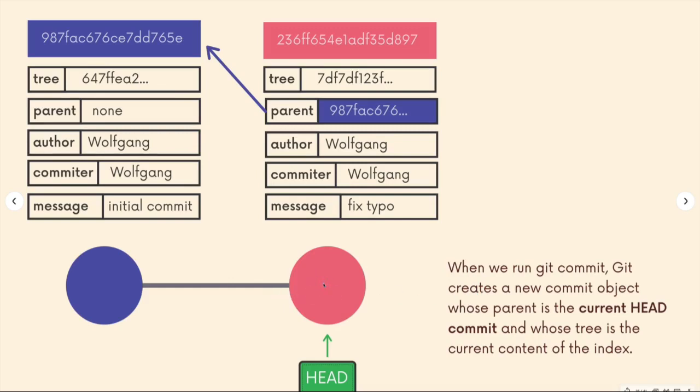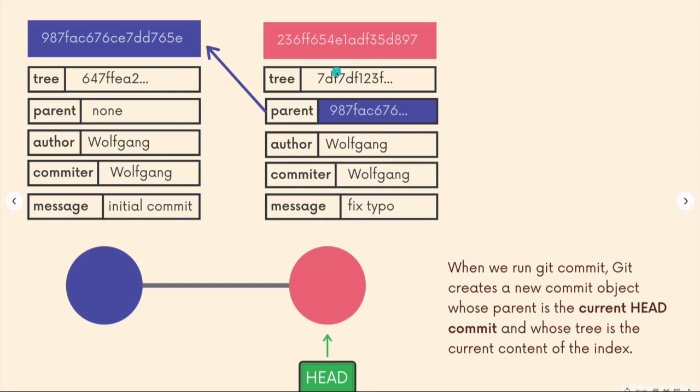But also the tree that it stores in this commit. The tree is the current content of the index, the staging area. So there's an actual index file. But basically everything that we have worked on, all our changes, everything we have staged and prepared to commit, when we actually run git commit, a tree is generated. So that tree will reflect the contents of the index.